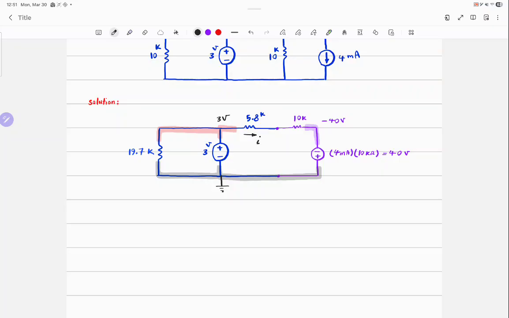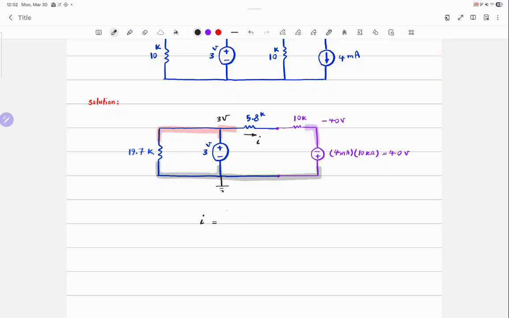Let's call it I. Can someone tell me what is I? The single most important thing in this course. It's the difference between those two voltages over the 5.8 kilo ohm.